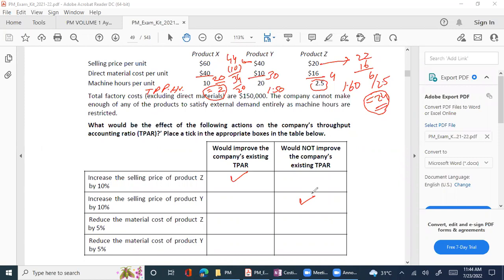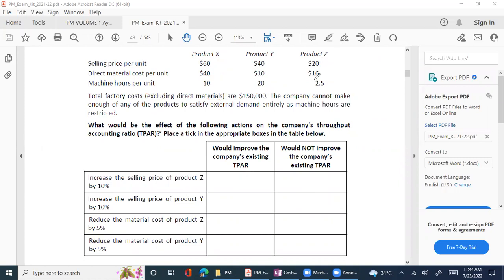And in the third, reduce the material cost of Z by 5%. Now we need to reduce this cost.